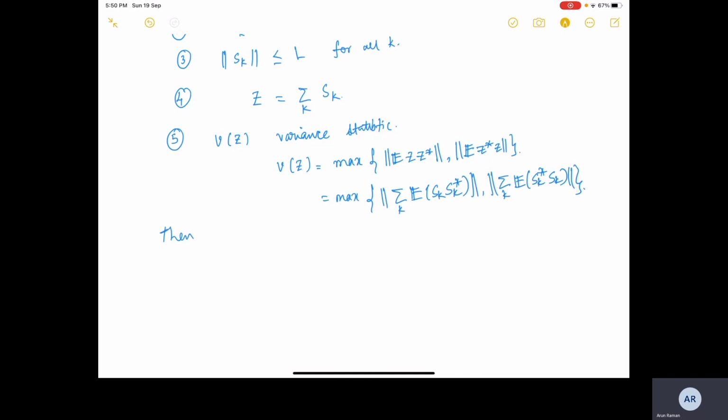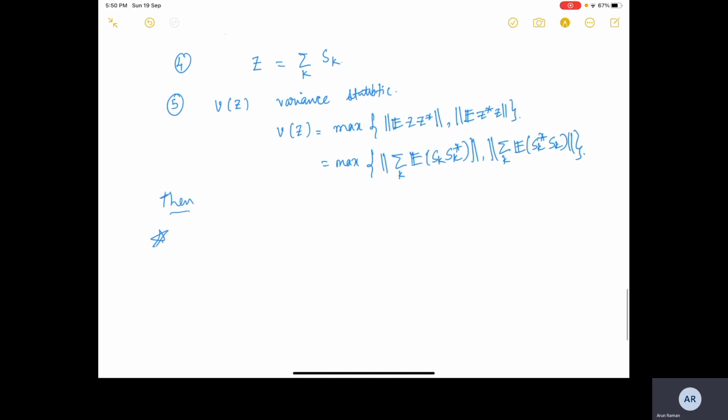Then comes the statement that the expected value of the spectral norm of Z, which is just the largest singular value, is less than or equal to 2 times the variance statistic times log of d1 plus d2, plus 1 by 3 L log of d1 plus d2.